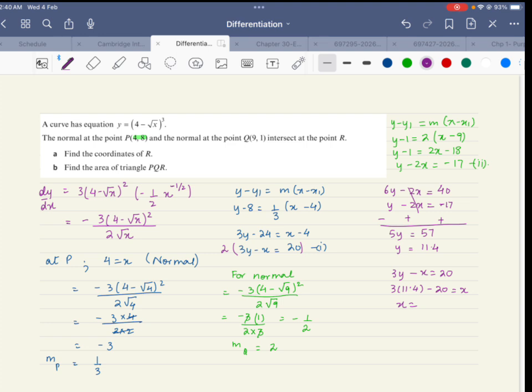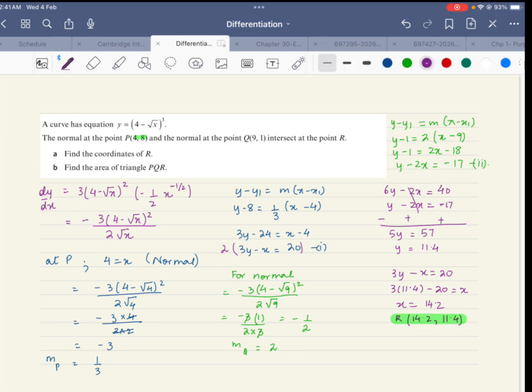So this is going to be 14.2. So the coordinates of point R are 14.2 and 11.4. These are the coordinates of point R. This is what we are looking for in part A.